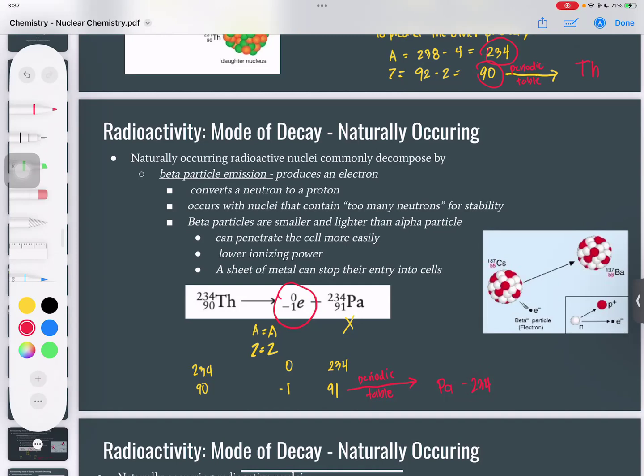For this one, let's try cesium, Cs, 55 and 137. It decays through beta emission. How do we determine the product? We know that it is 137, 55, and then 0, -1. So this should be 137, and this should be 56.